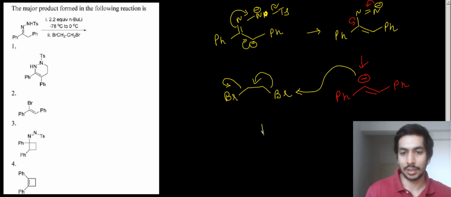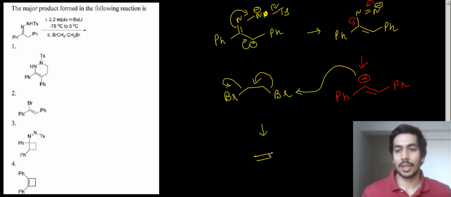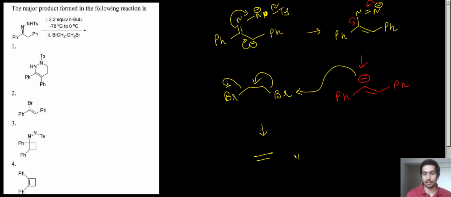So finally, what product will we get? A byproduct will be ethene, and along with that we'll get phenyl, phenyl CH2, and then over here we'll have Br attached, right? So that is why over here our correct option is option number 2. It was an easy question. You just had to identify the electrophile, and this was a name reaction, quite easy, Shapiro reaction, right?